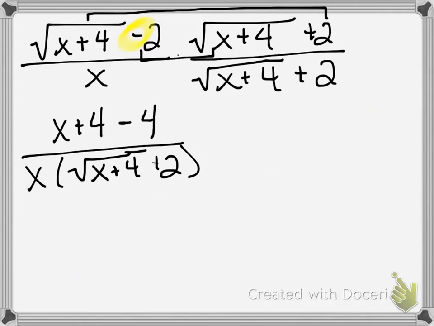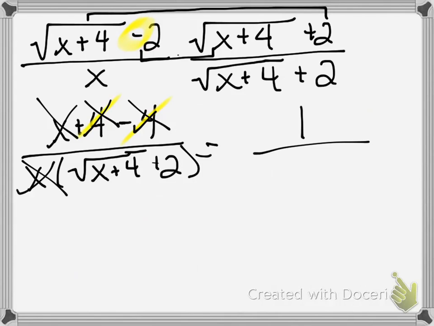Okay, you'll see that your 4 and your negative 4 cancel out. And then also, once that's gone, all you have is x in the numerator and an x in the denominator. So we can go through, cross this out, and then we can cancel our x's. So all we're left with is 1 over the square root of x plus 4, plus 2.